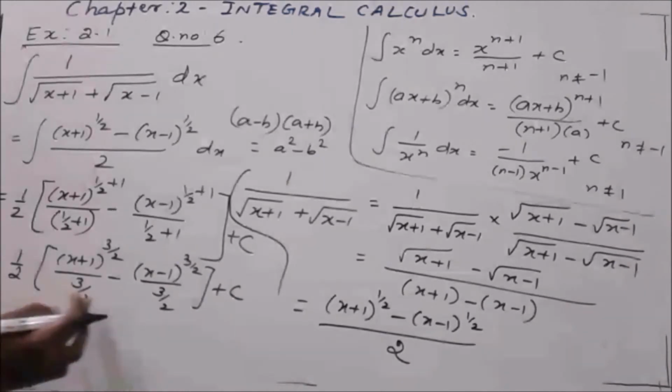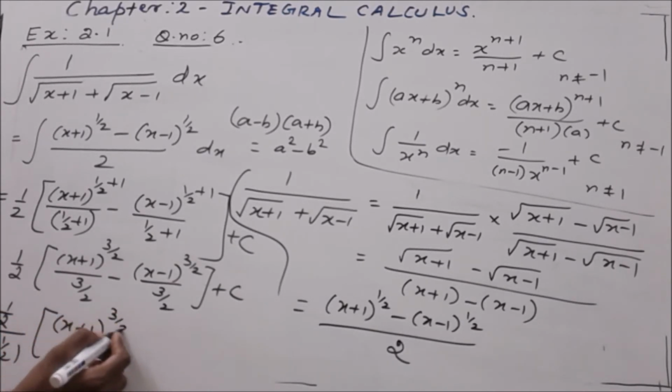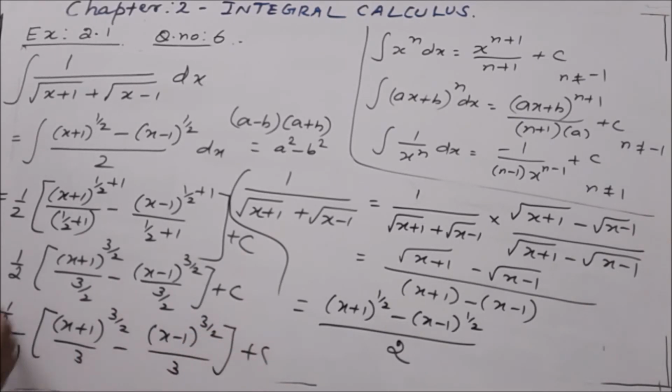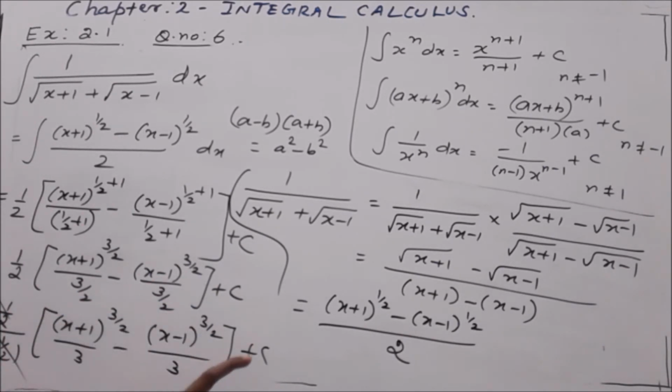That is equal to, now taking 1 by 2 as common, 1 by 2 by 1 by 2, and the remaining are x plus 1 whole power 3 by 2 by 3, minus x minus 1 whole power 3 by 2 by 3 are remaining, plus c. So cancelling these two 1 by 2, we get x plus 1 whole power 3 by 2 by 3, minus x minus 1 whole power 3 by 2 by 3, plus c, which will be the final answer.